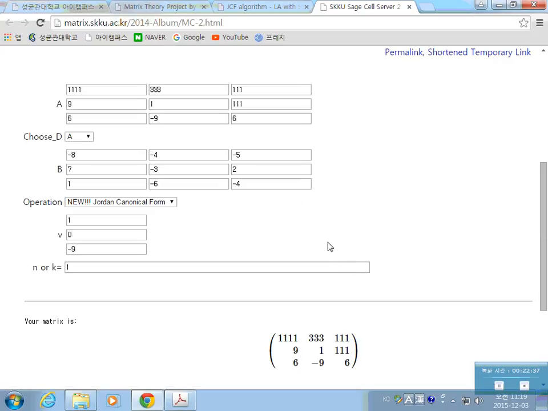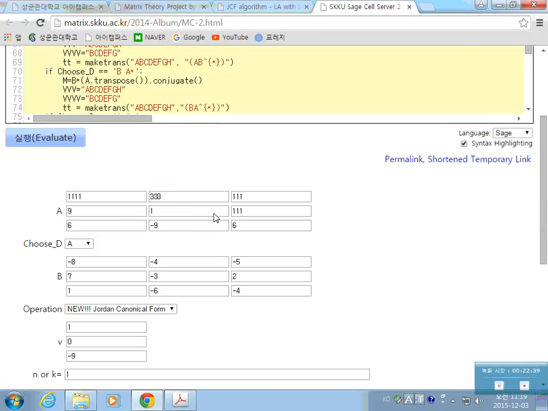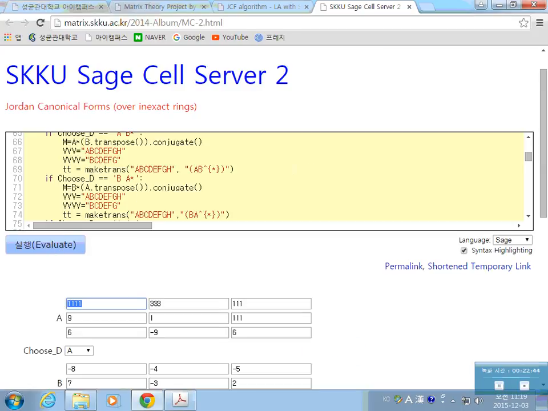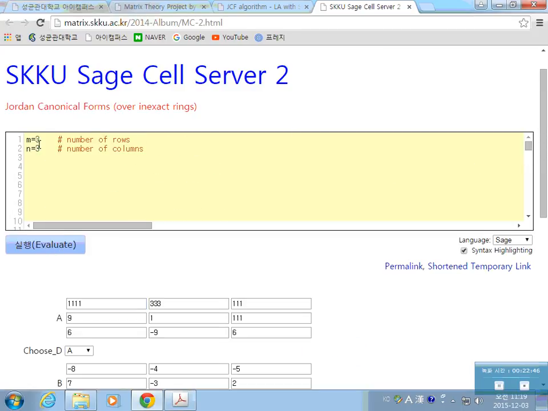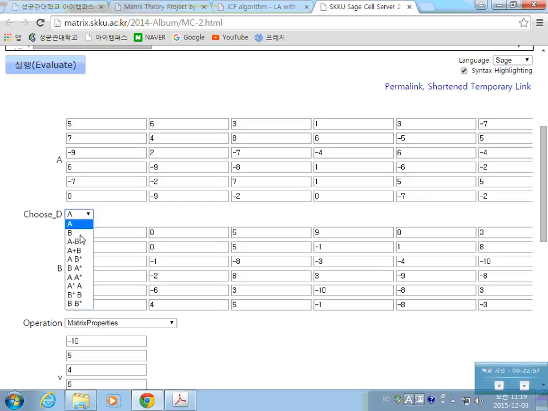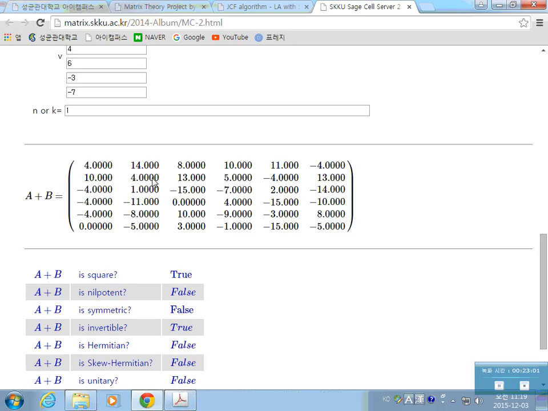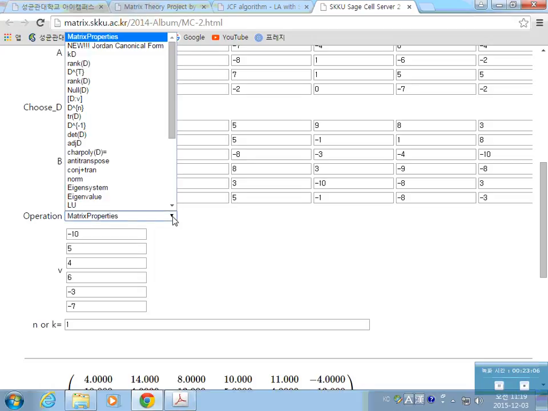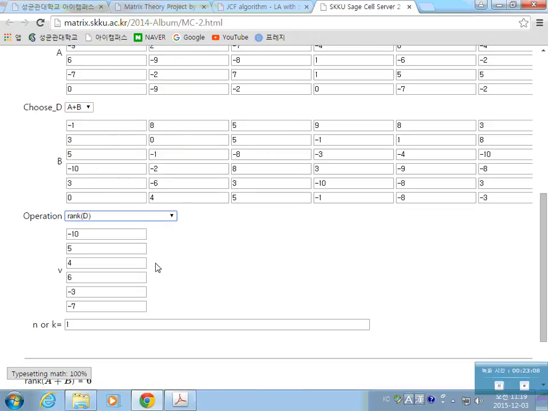Okay. So with this simple code, if you exercise this with size 6 by 6, it randomly generates the 6 by 6 matrix. If you add these 2 matrices, then you have a different matrix C. This is matrix C. Here you can find the rank of this matrix.